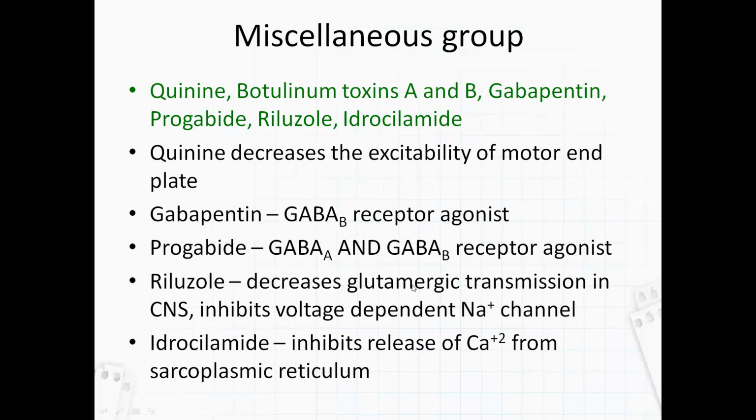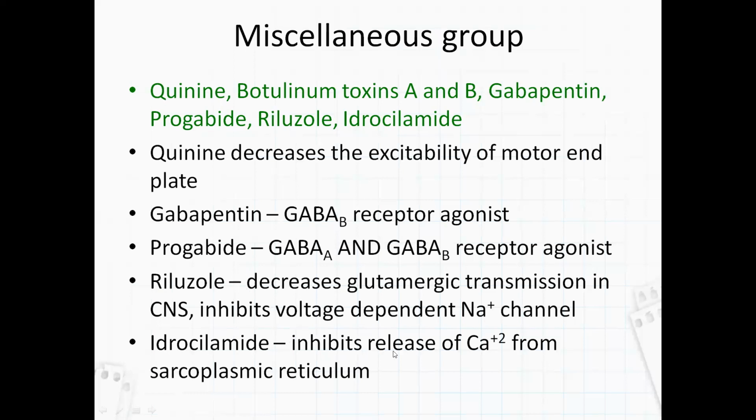Glutamatergic means that glutamate we saw, this is an excitatory neurotransmitter. It is decreased, due to which it inhibits the voltage-dependent sodium channel. This is how it is going to act, and it is used in ALS, amyotrophic lateral sclerosis, and hydroxylamide is also being used in ALS, amyotrophic lateral sclerosis.